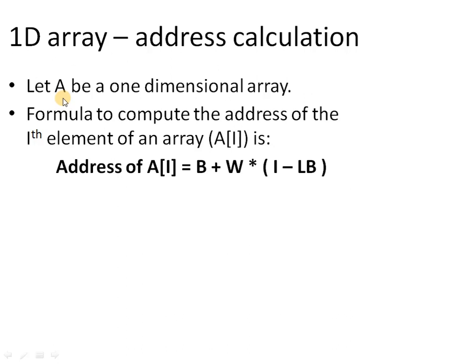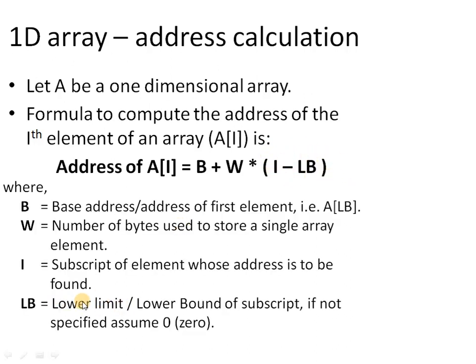Let A be a one-dimensional array, then the address at which the element at index position I is stored is given by this formula: B plus W times (I minus LB), where I minus LB is the number of elements to be skipped. Here LB is the lower bound of the index.